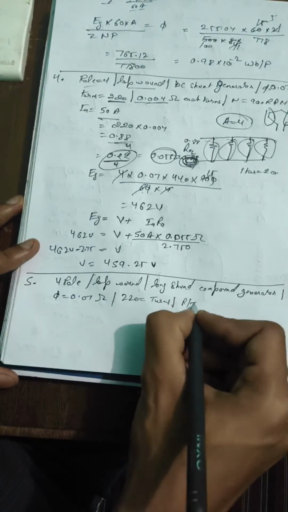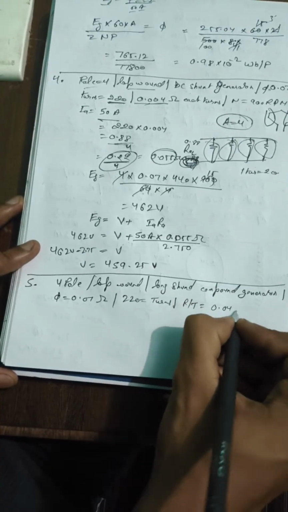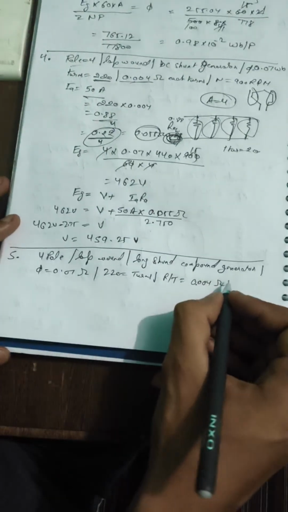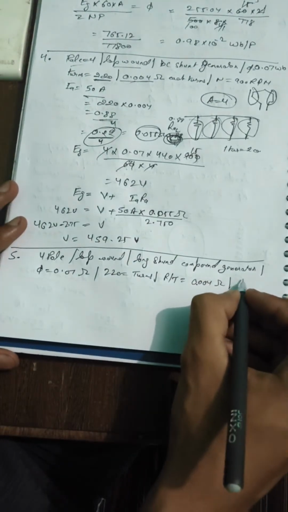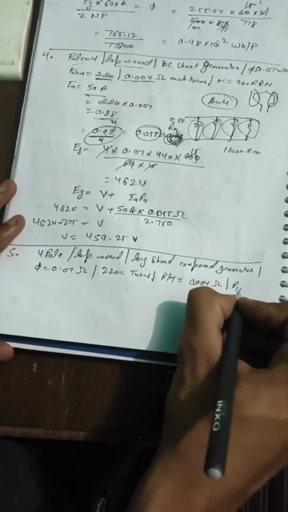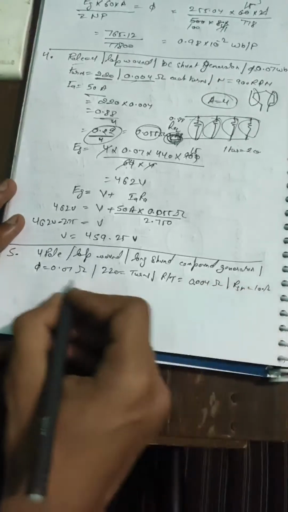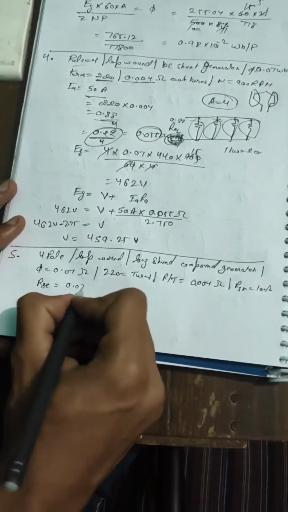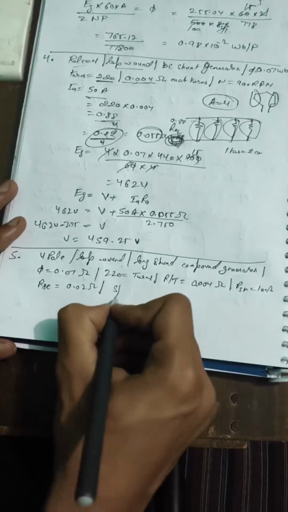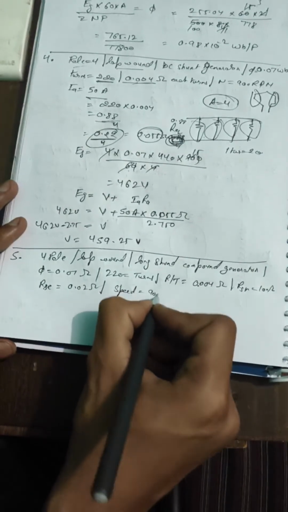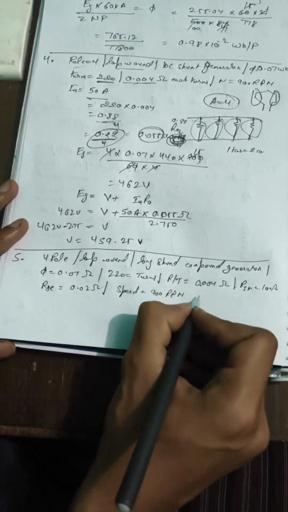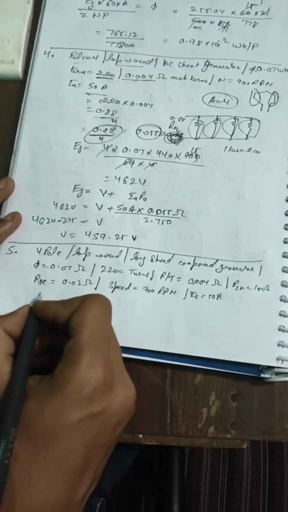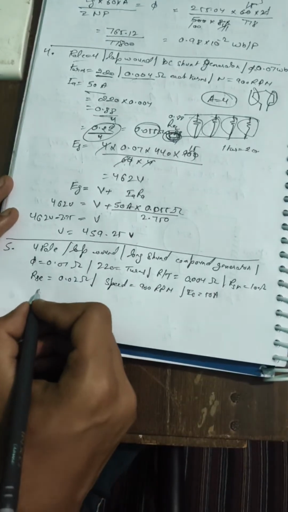The resistance per turn equals 0.00004 ohm actually, the shunt field resistance is 100 ohm, the series field resistance 0.02 ohm, the speed 900 rpm, the armature current 50 ampere, and what we have to find out is the terminal voltage.